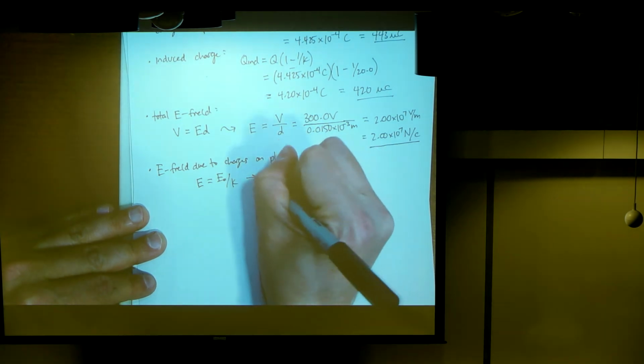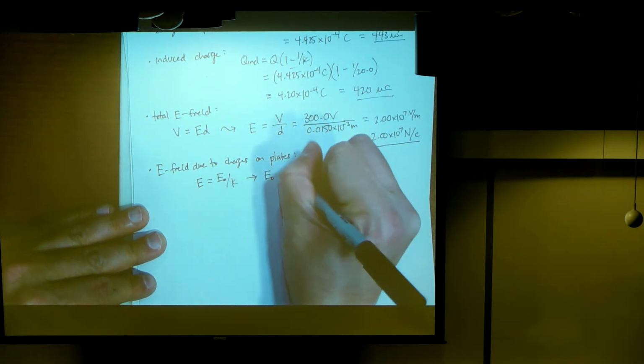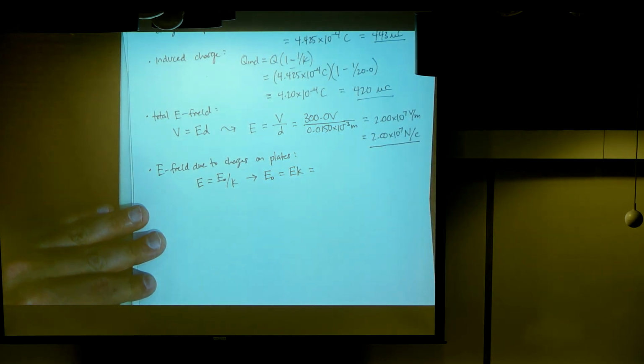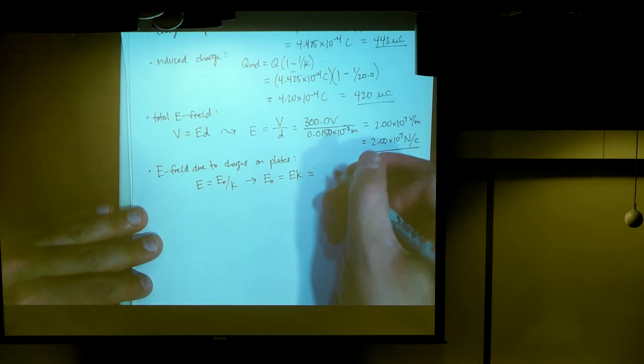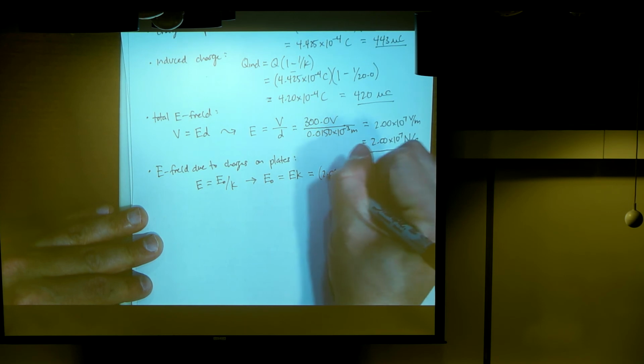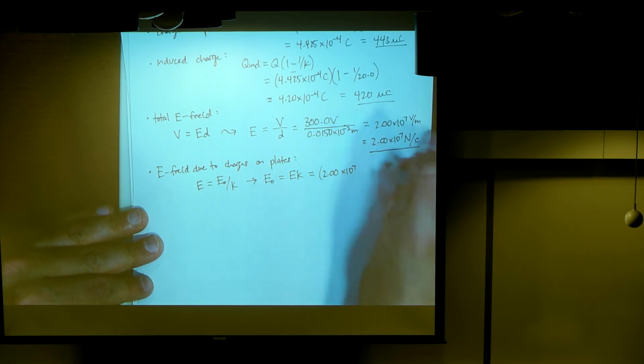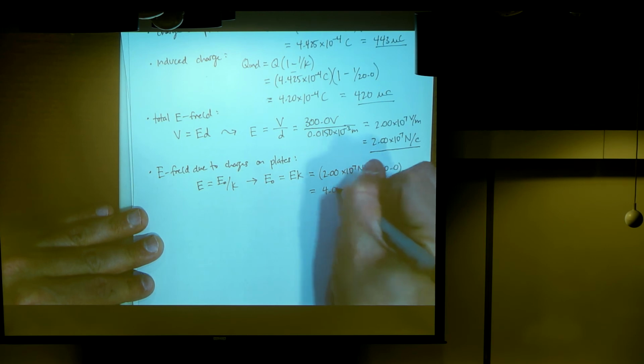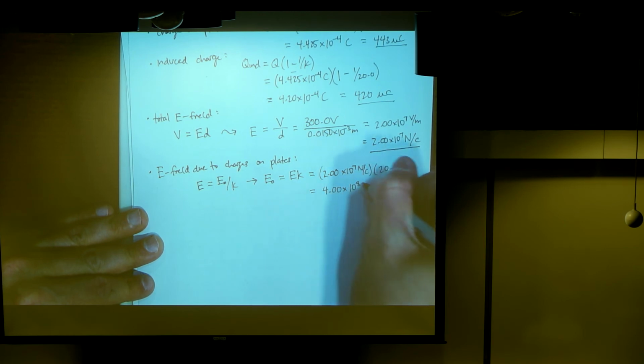So if we want to use that to solve for E naught, that's going to be E times K, okay? So that's going to be 2.00 times 10 to the 7 newtons per coulomb times K, which is 20. So that's just going to be 4 times 10 to the 8.